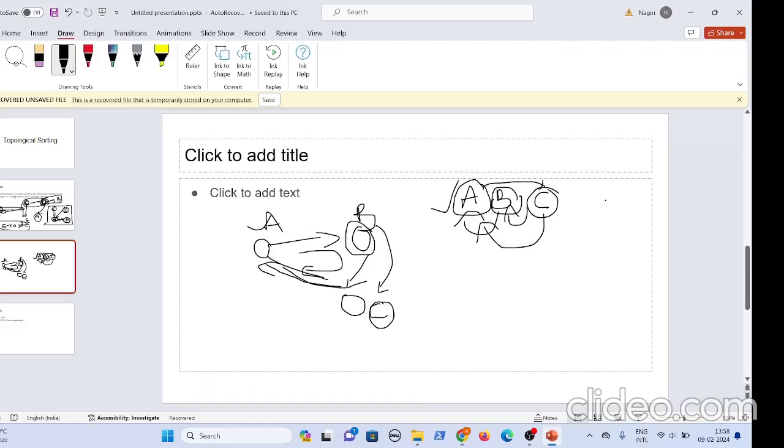If there are three courses like this, where to take course C you have to complete course B, and to complete course B you would have taken course A. If there is no cycle, then a person will first join course A, then take course B, and then take course C. This is the way. But if there exists a cycle, there will be one more edge like this.